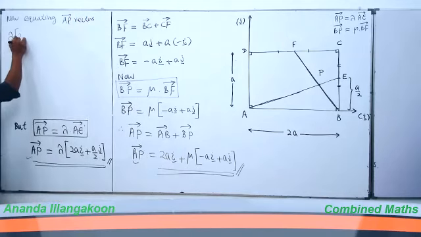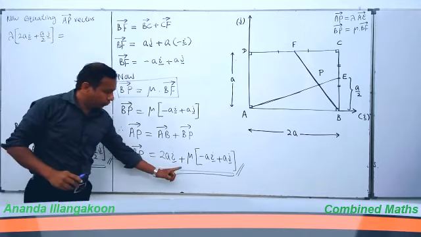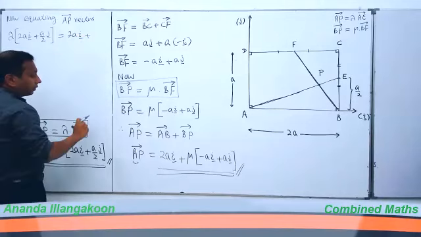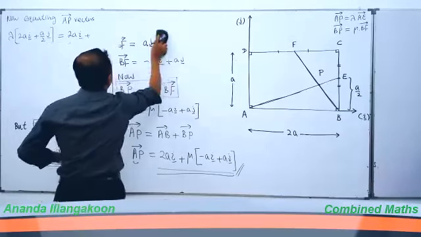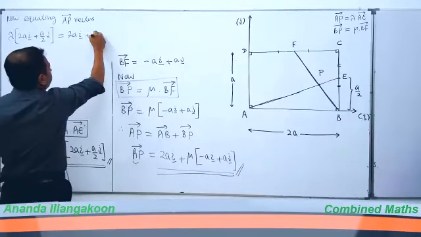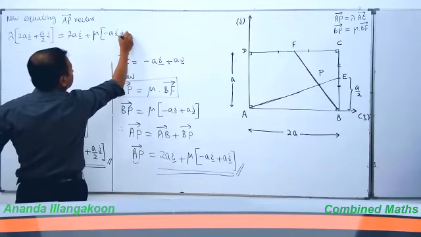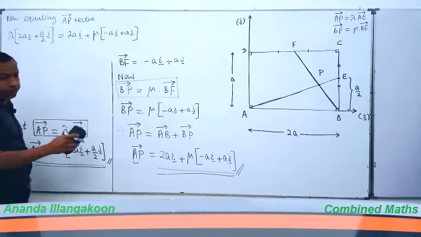Lambda times 2ai plus a by 2 j is equal to this one, 2ai plus mu times minus ai plus aj. This is right.